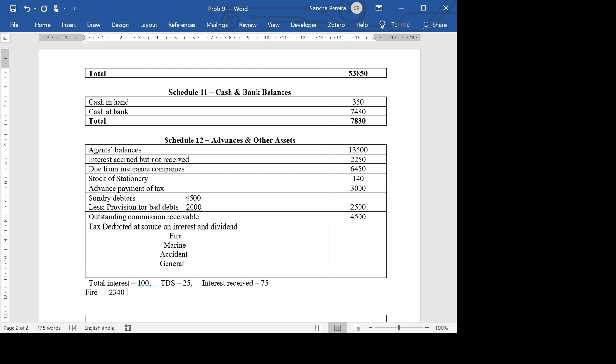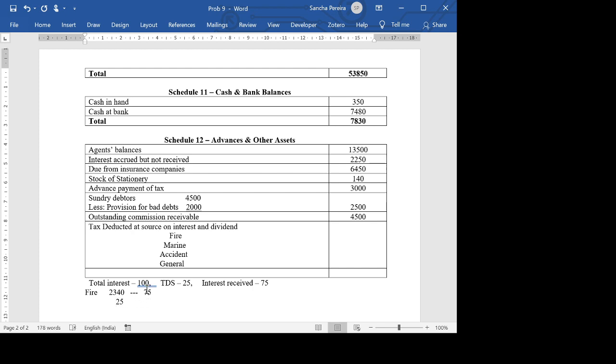If you check the problem, I need to know how much is 25%. Basically this amount is 75 of the total 100. In this proportion, this amount is the 75% component. I need to know how much is 25% of that.